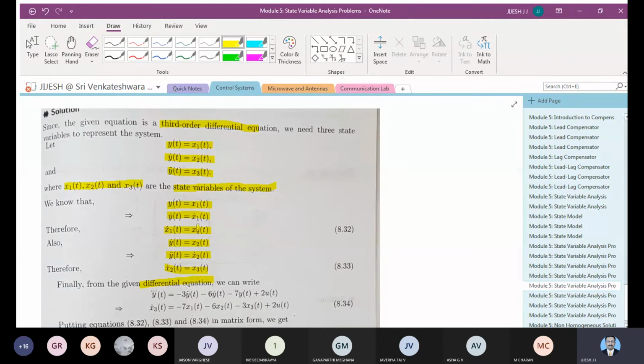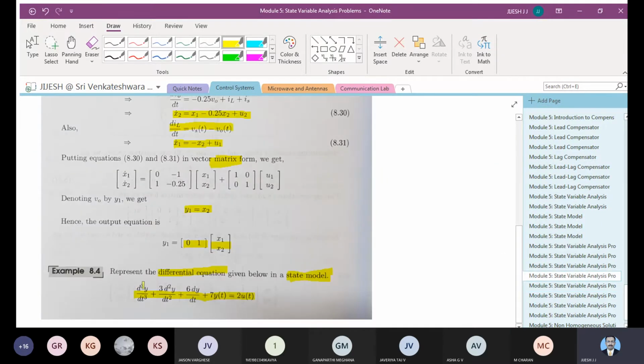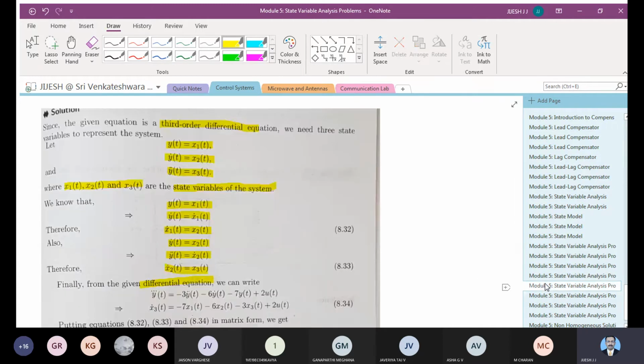So now, from the given differential equation, you can see that in the problem the equation is given: d cube y by dt cube is equal to minus 3 d square y by dt square, minus 6 dy by dt, and so on.